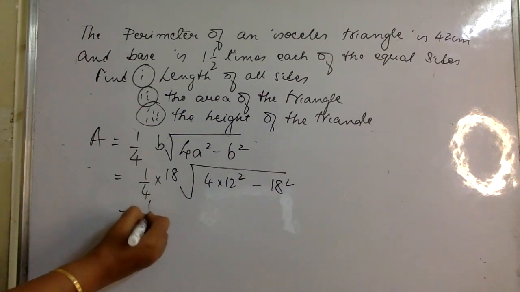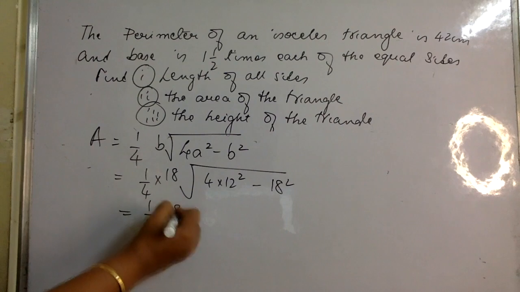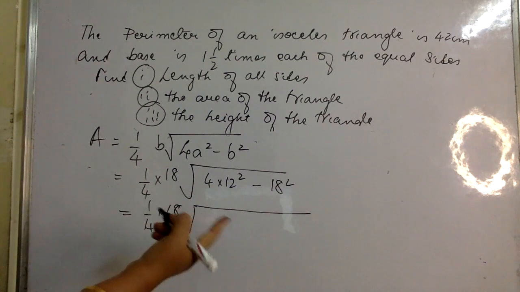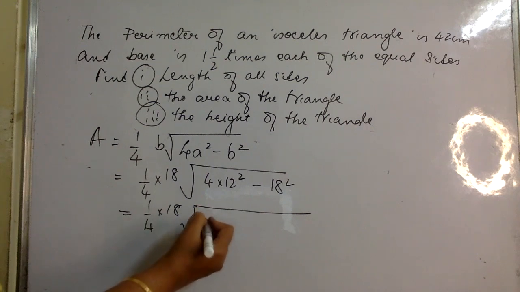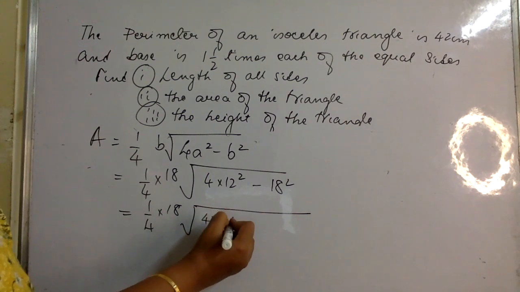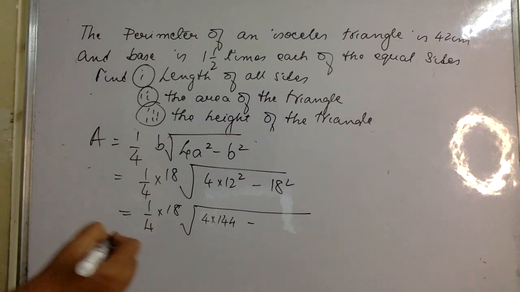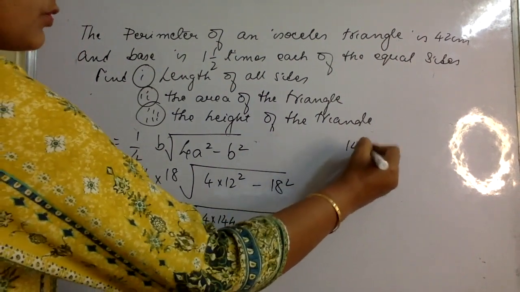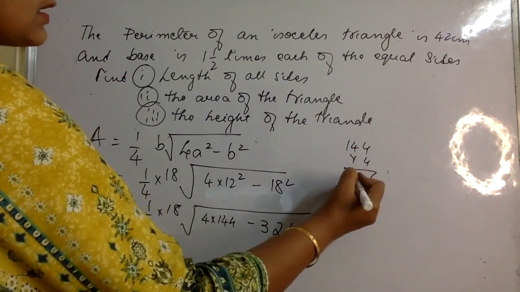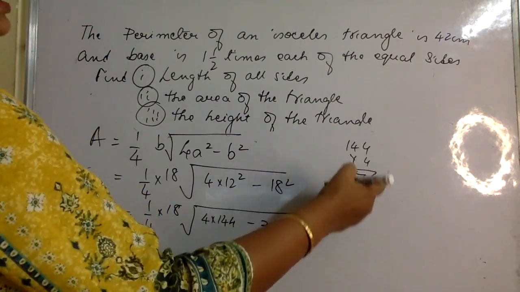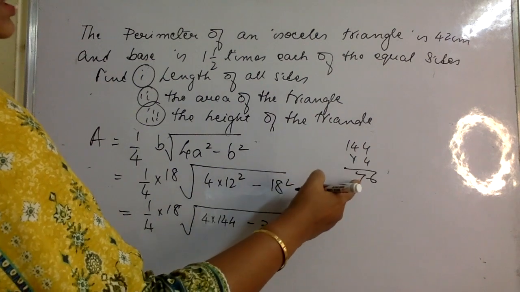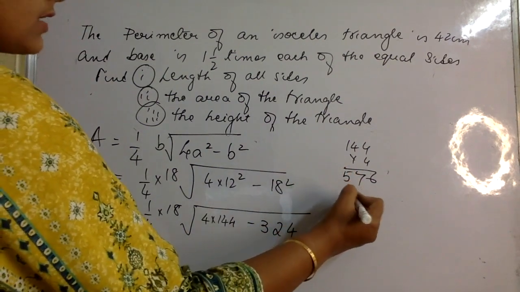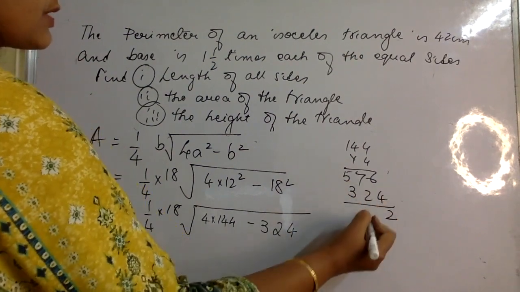That gives me 1/4 into 18 root over 4 into 144 minus 324. Okay, 144 into 4, 4 4s are 16, 4 4s are 16, 17, 1, okay, 576. 576 minus 324, that gives me 252.